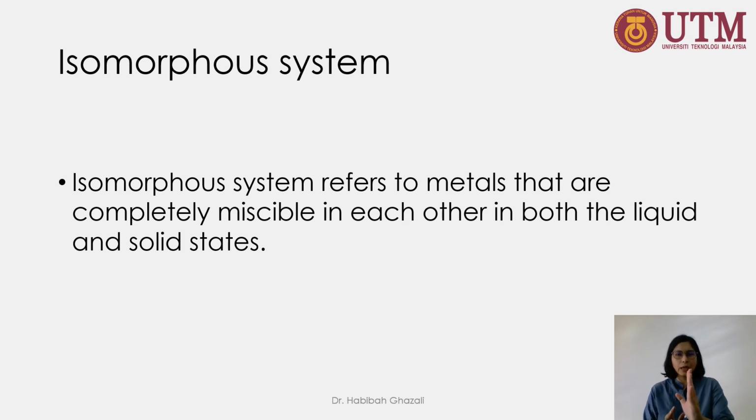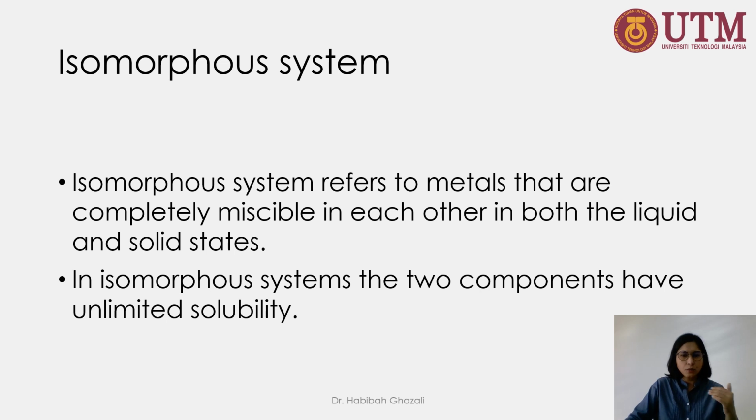And then when you have 20% of A, 80% of B, again, they will only form one solid solution. So in the end, it doesn't matter what percentage of A and B, when you mix them together, they can be mixed with each other and form a single homogeneous solid solution.